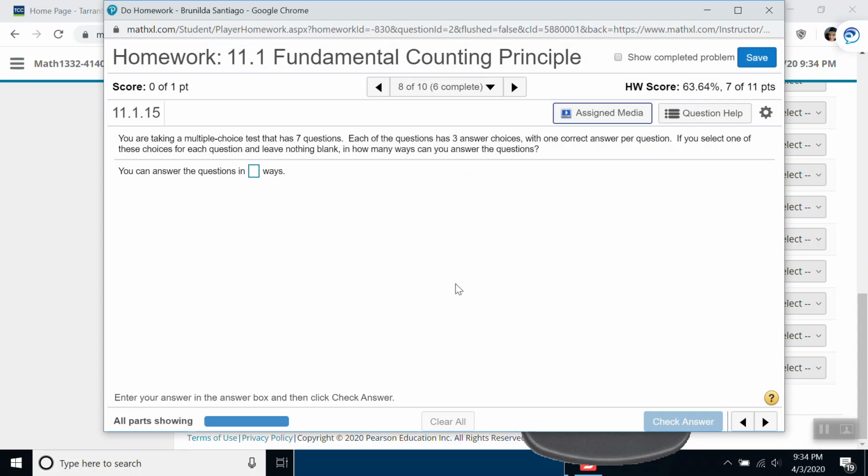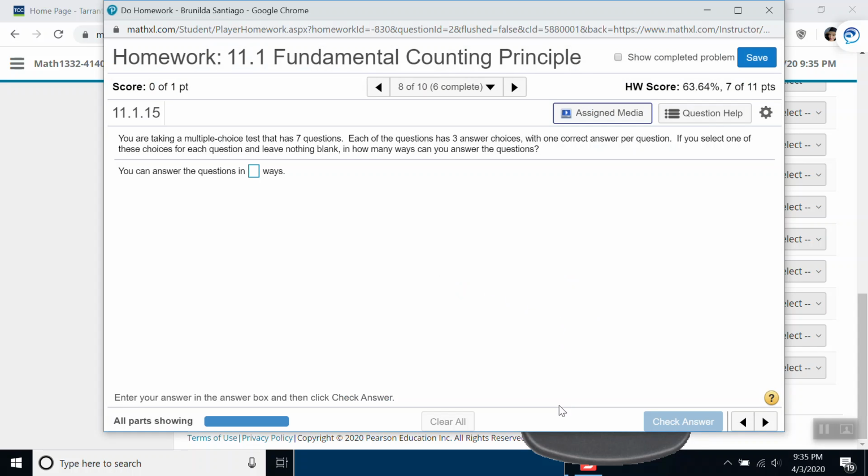Next, you're taking a multiple choice test that has 7 questions. Each of the questions has 3 answer choices with 1 correct answer per question. If you select one of these choices for each question and leave nothing blank, in how many ways can you answer the questions?